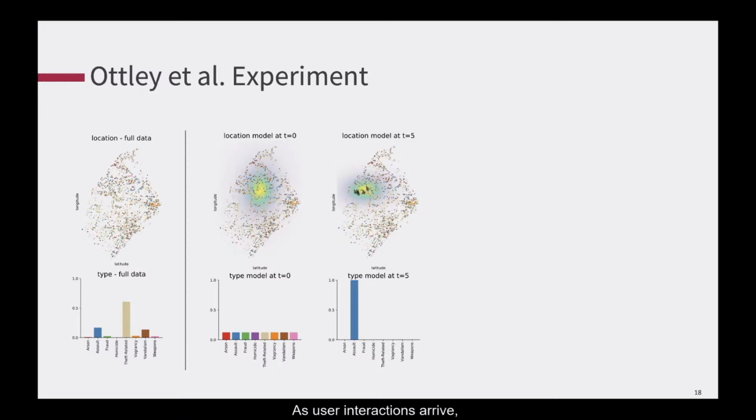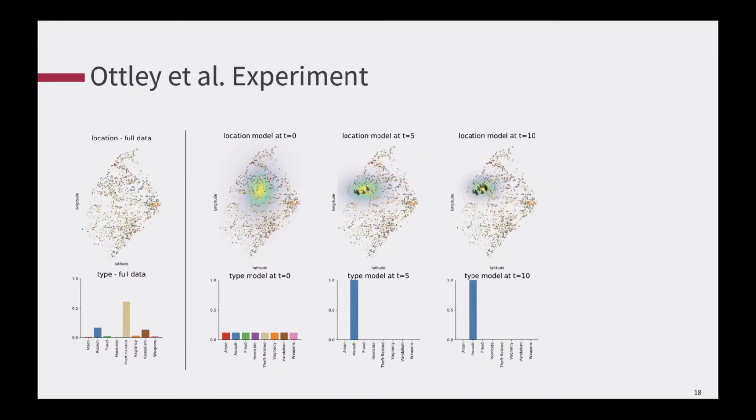As user interactions arrive, so after 5 interactions, the models have updated to reflect what the user has interacted with. So we can see that the location is narrowing down to the area where the clicks have happened, and the types of the crime are updated to reflect that all the clicks were related to assault crimes.